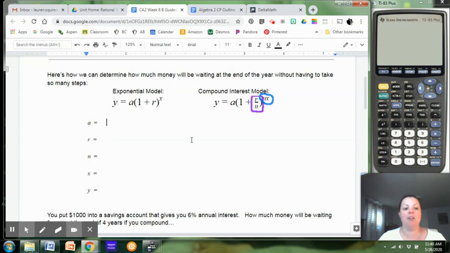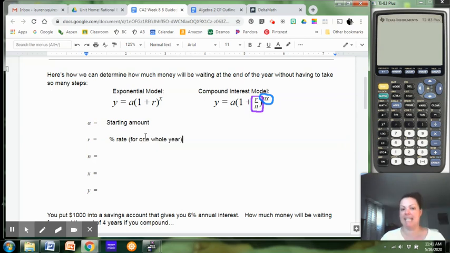So what does that mean for us? The a that's in there is still the initial amount, your starting amount, or how much money you're going to put into this account or possibly borrow from somebody. The r is still going to be your percent rate, and this is going to be for 1 whole year.